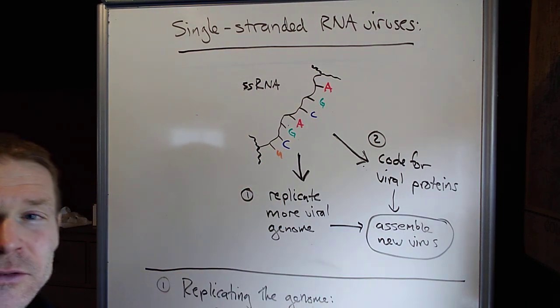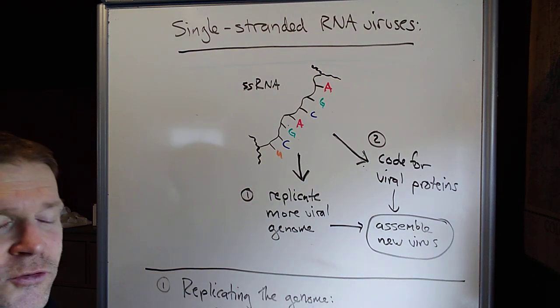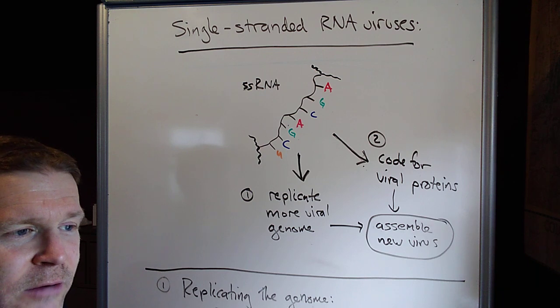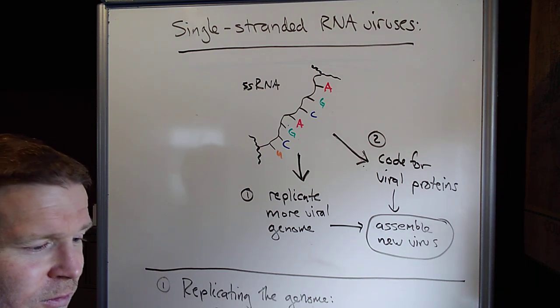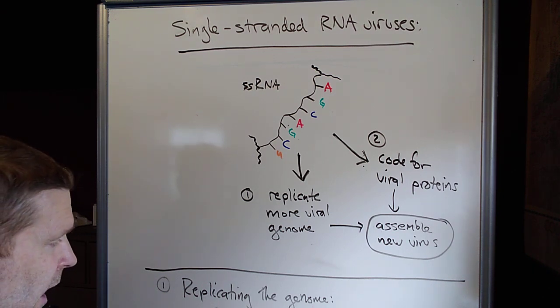Number one, it needs to replicate itself. And then the single-stranded RNA also serves as a messenger RNA to make viral proteins that then make the viral capsule, and the assembly of which makes new virus.